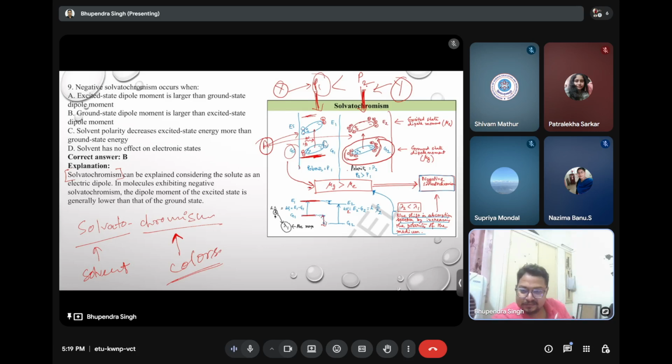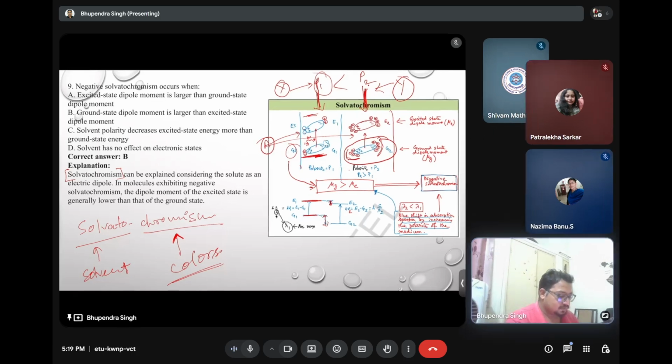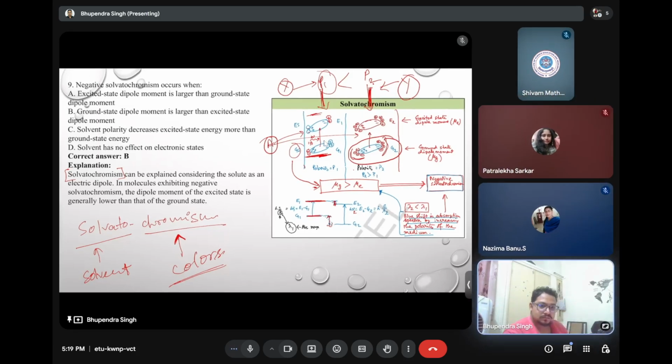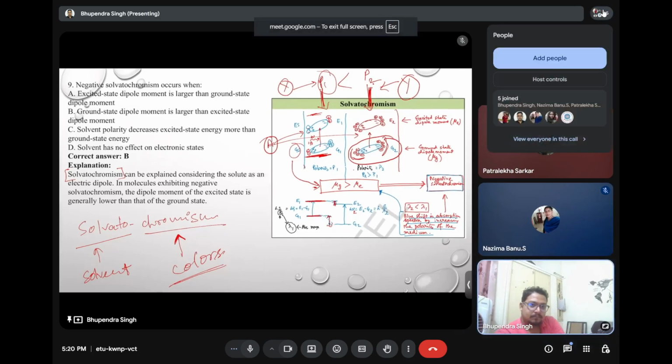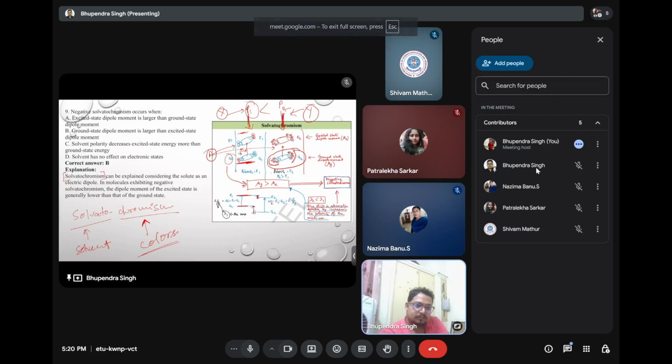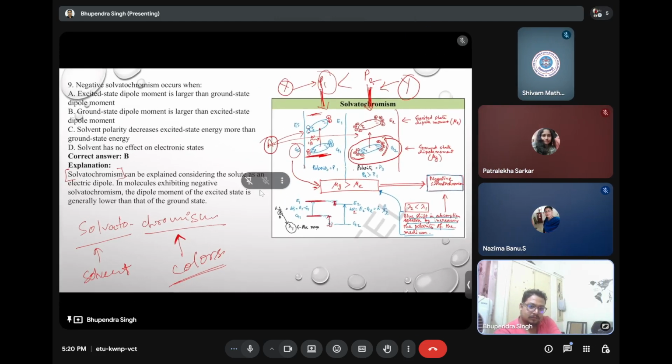Stabilized means the energy is less. So that is why the band is lower than G1, and much lower compared to this band, E2. Compared to this, it is less. Why?